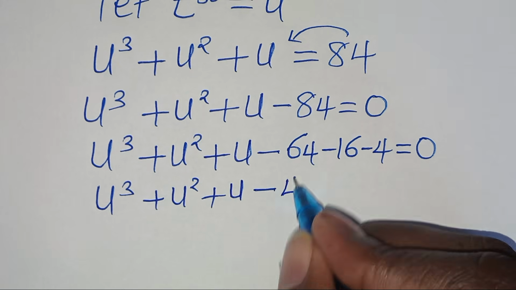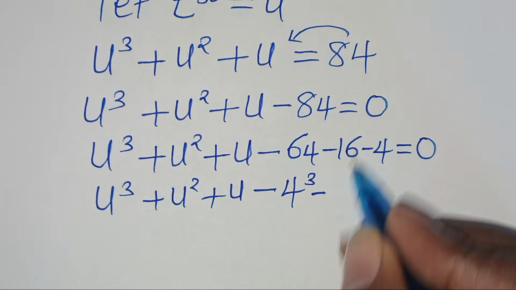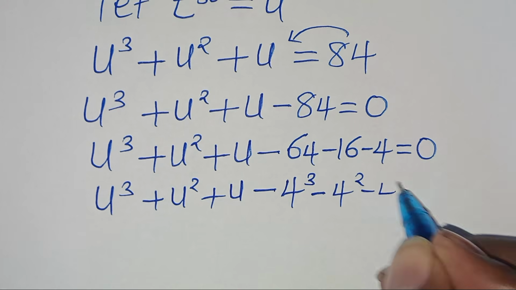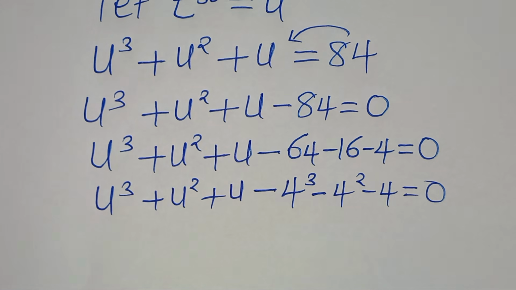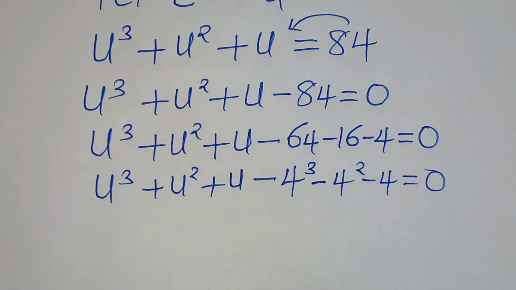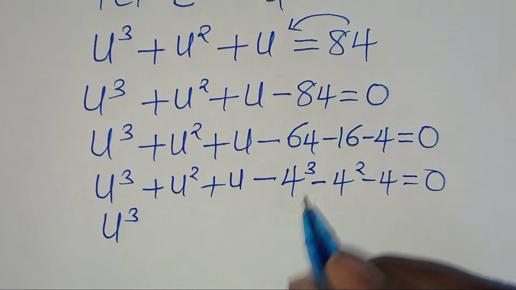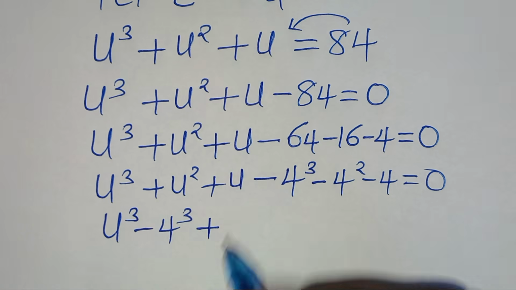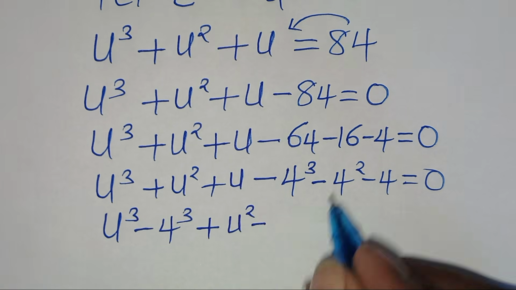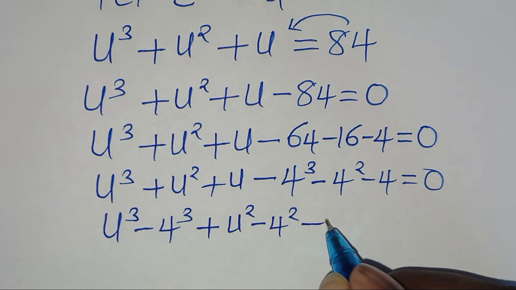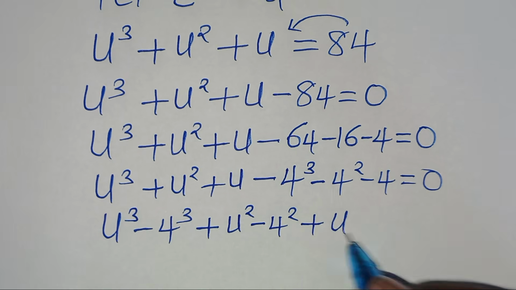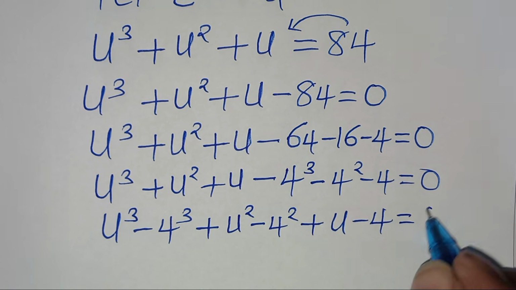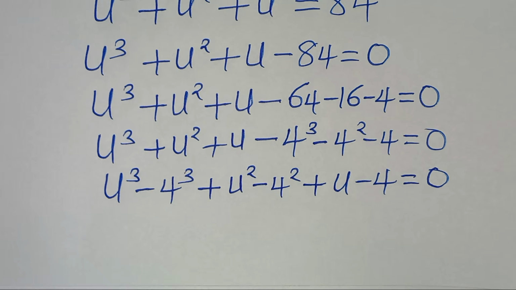This is 4 to the power of 3 minus 16, which is 4 to the power of 2, subtract 4. This is equal to 0. So we have u to the power of 3 here minus 4 to the power of 3, then plus u to the power of 2, subtract 4 to the power of 2, then plus u minus 4. This is equal to 0.